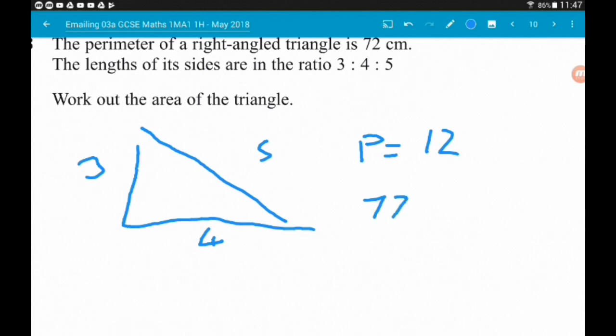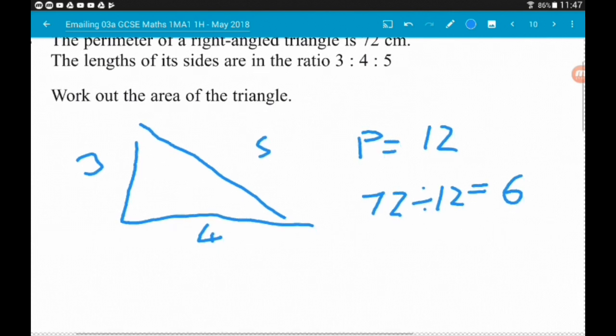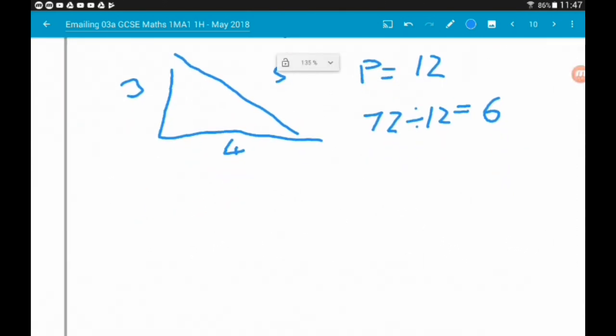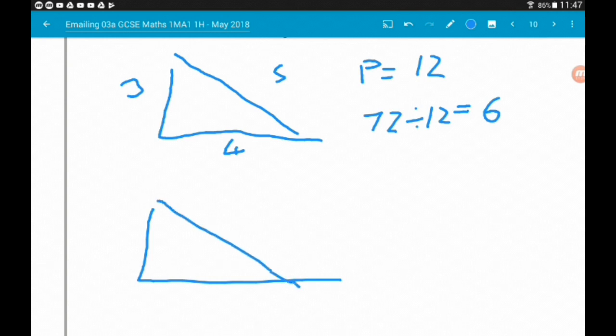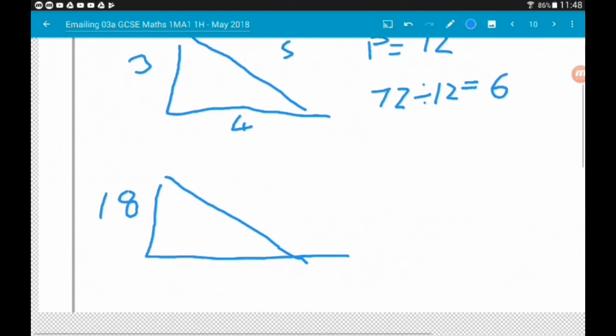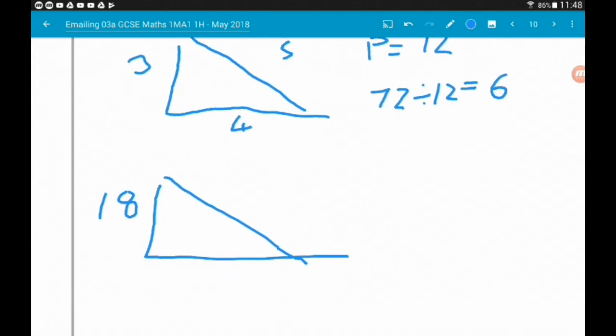Now 72 divided by 12 then is 6. So we actually want to multiply these side lengths by 6. So we would get 18. Nice to see my drawing is awesome, as always. 24.